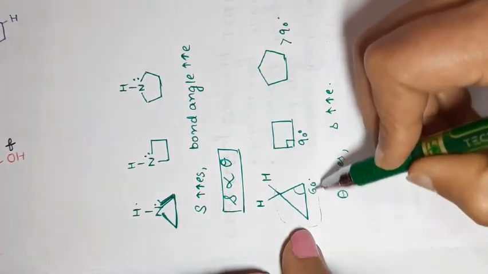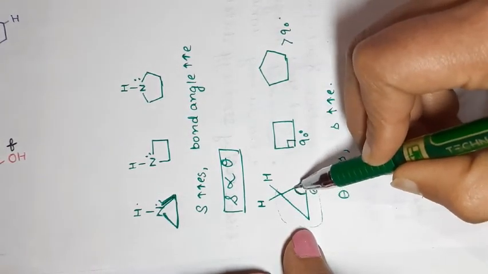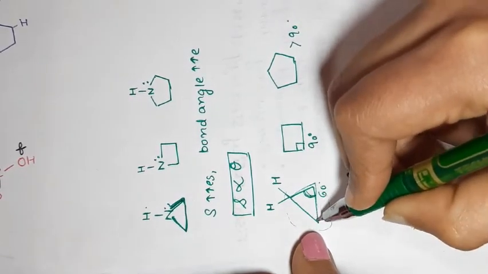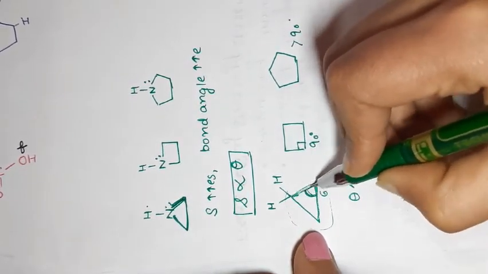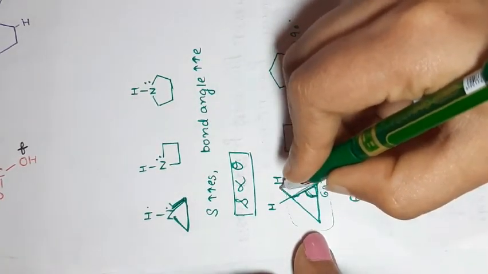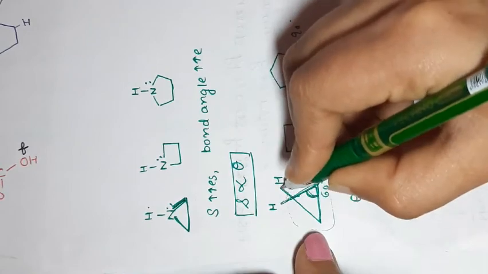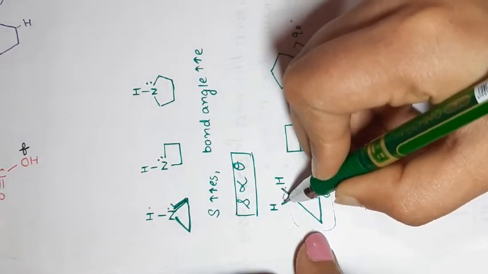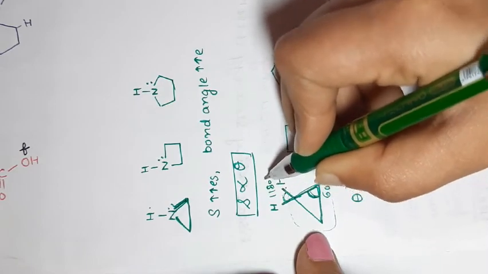In this example, as the bond angle is decreasing, the S character in these internal bonds is decreasing, whereas the S character in these external bonds of carbon and hydrogen is increasing, because the bond angle here is greater.